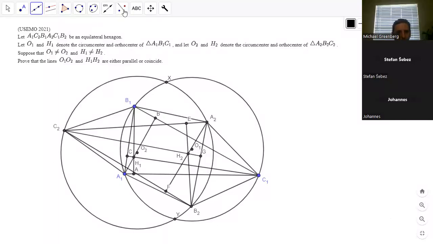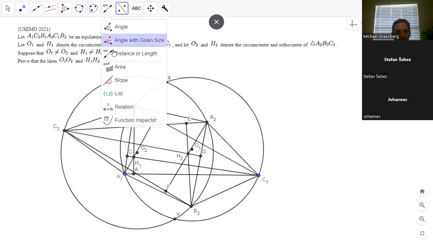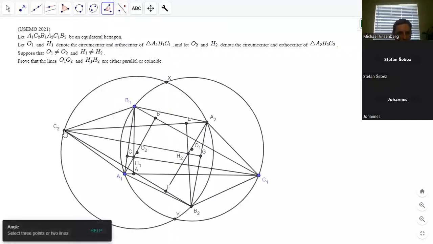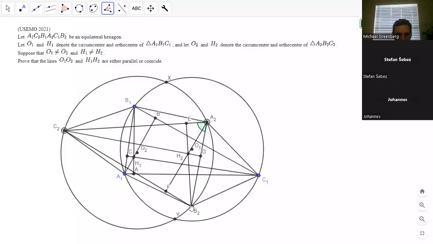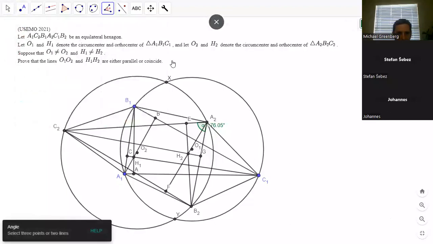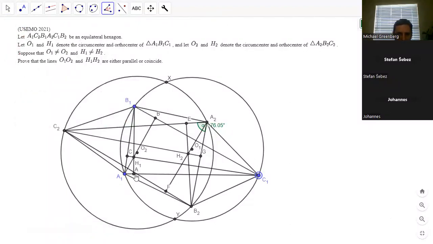Let me just make sure they're not actually similar. I don't think they are. No.